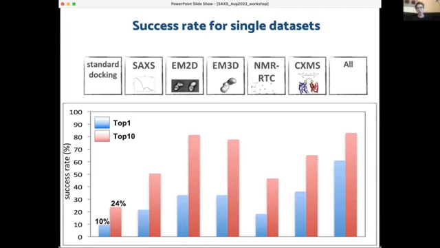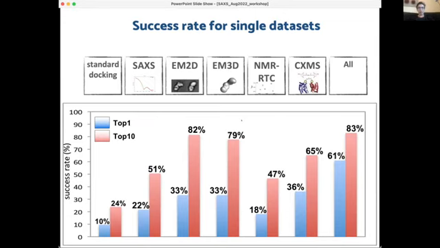And we don't have confidence estimates, so we don't even know if it's correct or not. If we use the SAXS data, we double our success rate, and with the EM data, we actually triple it. Cross-linking also doubles the success rate. And 80% in top 10 is sort of the upper bound. For some reason, it's very hard to go beyond that.